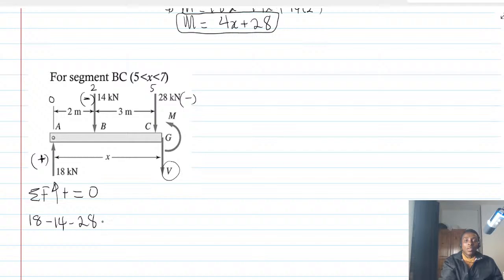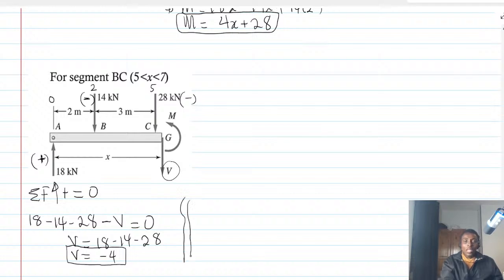V is also coming down, so minus V is 0, which means that V will be what? It means that 18 minus 14 minus 28, which is what? Minus 4. So V is minus 4.